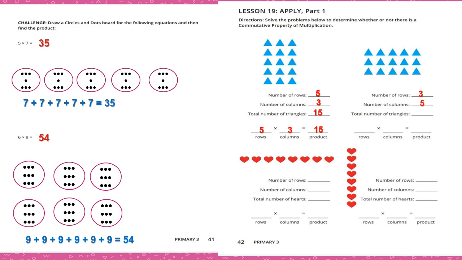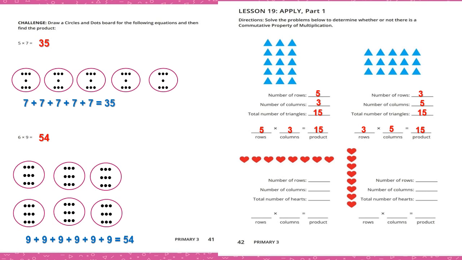We write the multiplication equation. Number of rows 3 times number of columns 5, 3 times 5 equals 15. Then the total number of triangles is 15. Then we have a commutative property in this array.